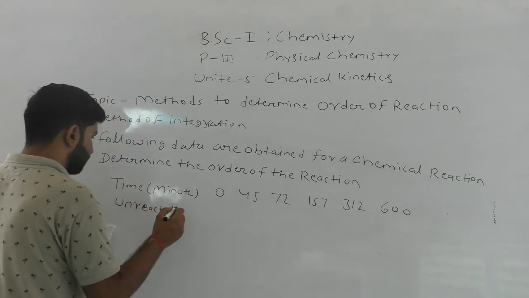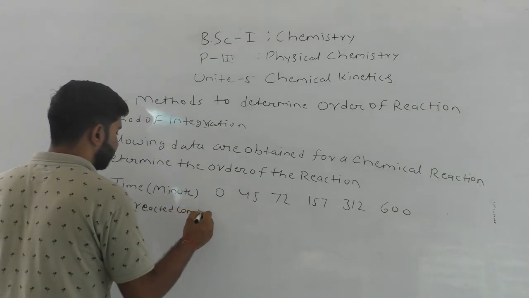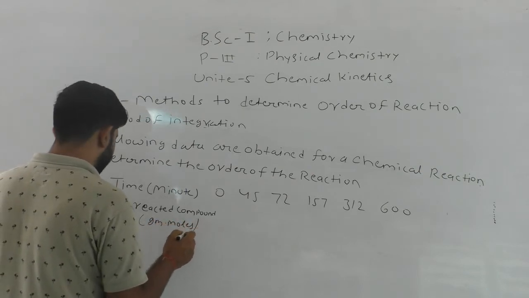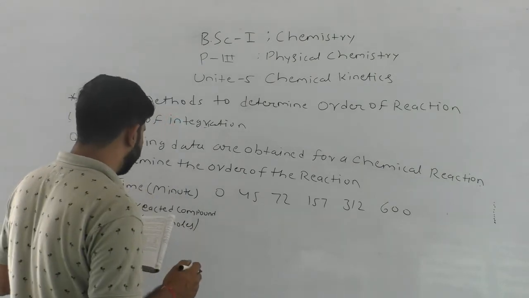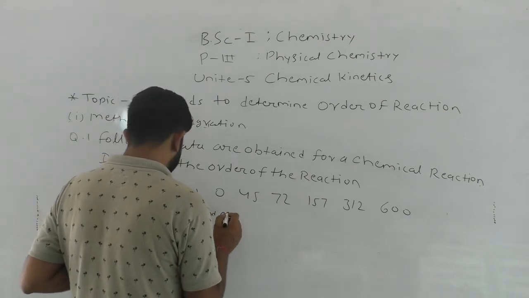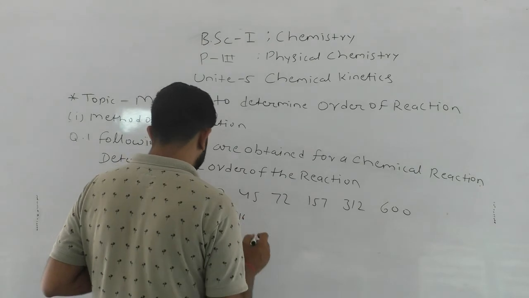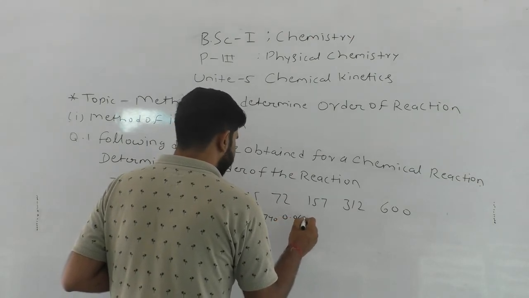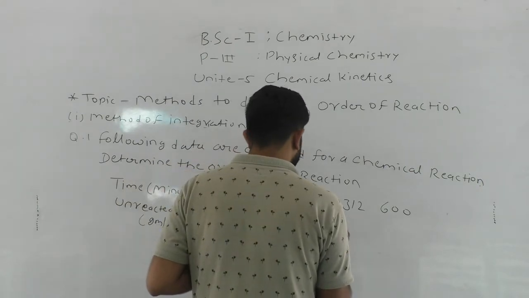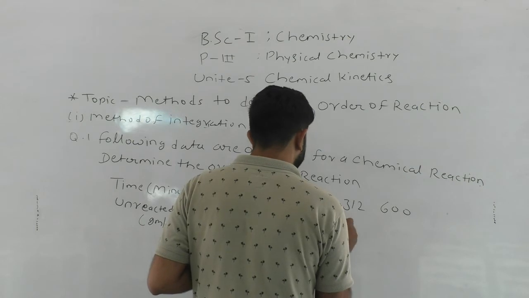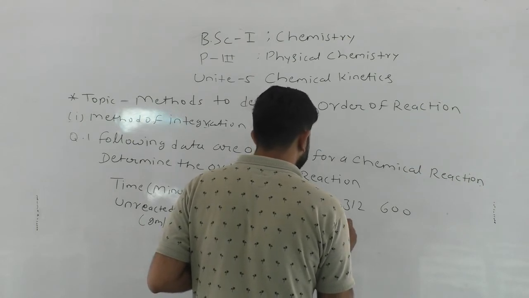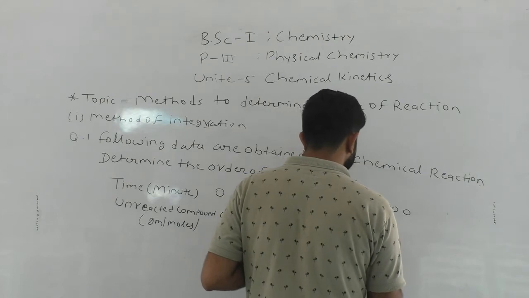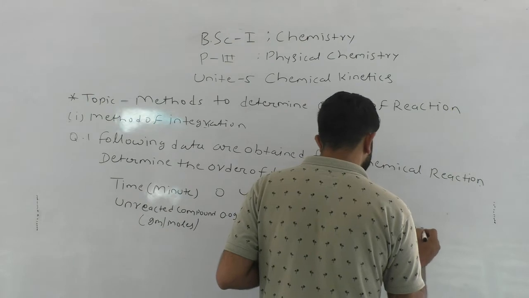Unreacted compound in gram per mole is 0.0916, 0.0740, 0.0656, 0.0512, 0.0348, and at last 0.0228.